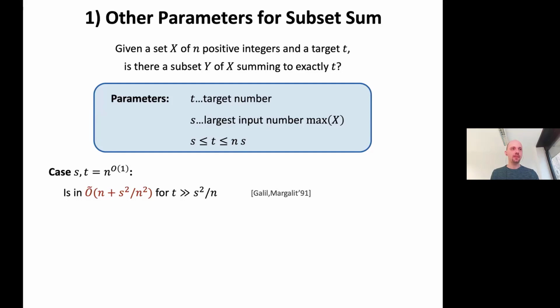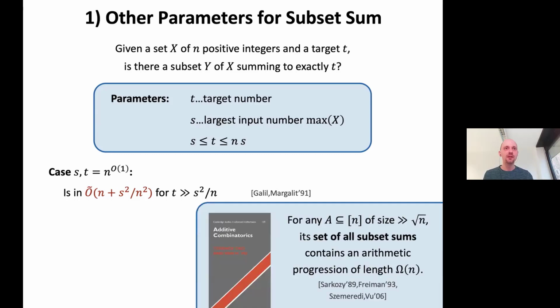Now in this dense regime where s and t are polynomial in n, there was this old line of research that showed that when the target is big enough, it's at least s squared over n, you can solve subset sum in time n plus s squared over n squared. And this was a line of research that used additive combinatorics.